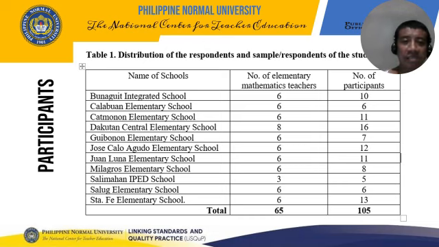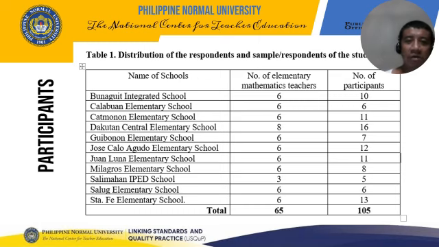Name of schools. Unagit Integrated Schools has 6 elementary mathematics teachers, and the participants of this study are 10 identified non-numerate learners. For Kalapuan Elementary Schools, there are 6 elementary mathematics teachers and 6 participants of the study.